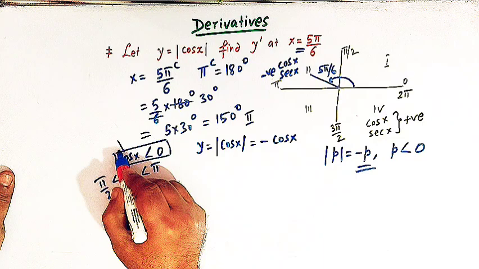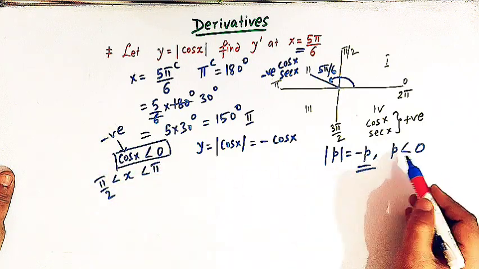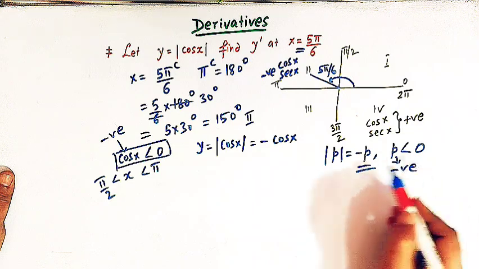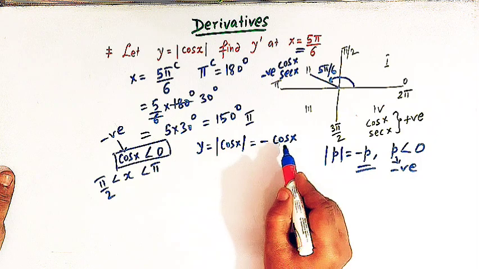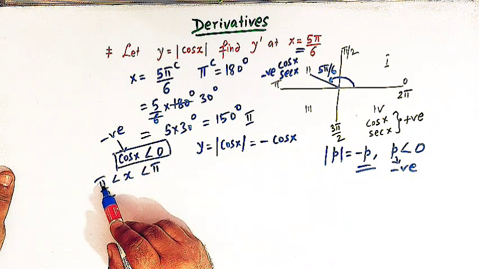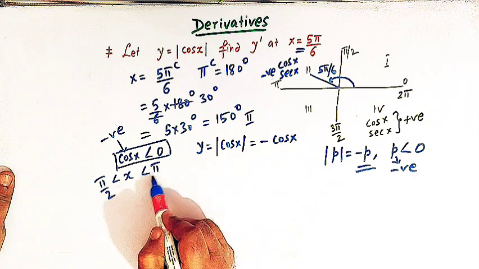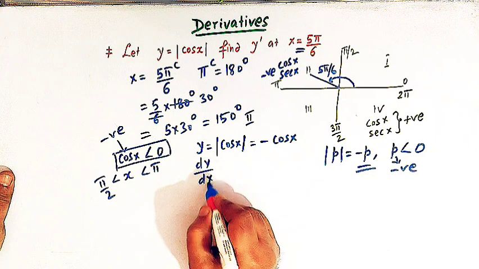Whenever p is negative, mod of p is equal to minus p. So we have y is equal to negative of cos x when x lies in the interval pi by 2 to pi.